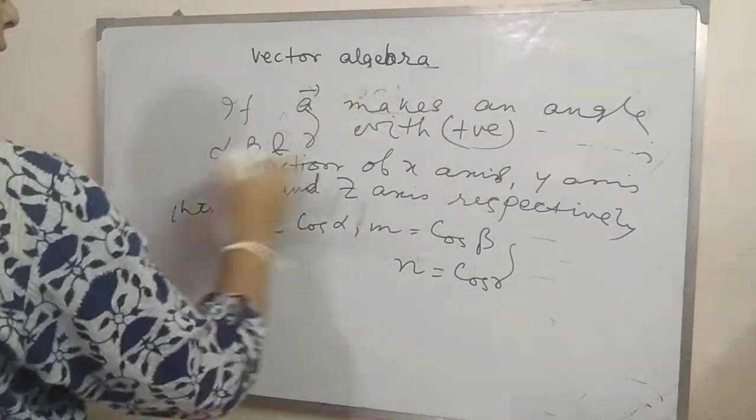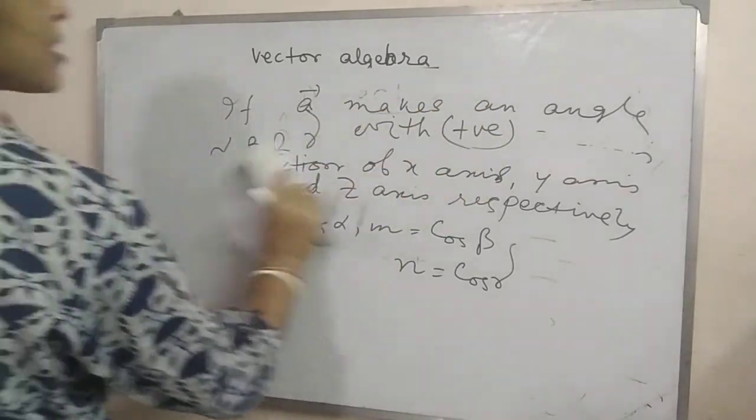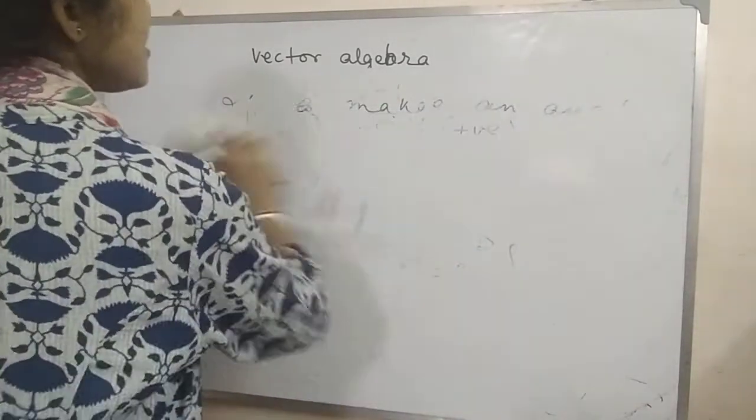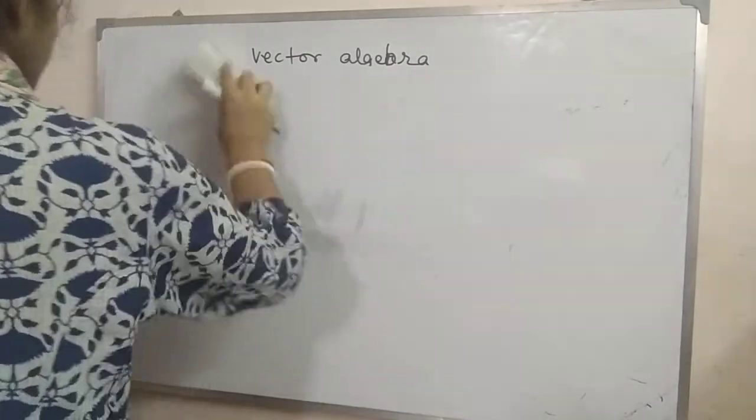A makes angles alpha, beta, gamma with the direction of the positive x-axis, y-axis and z-axis.